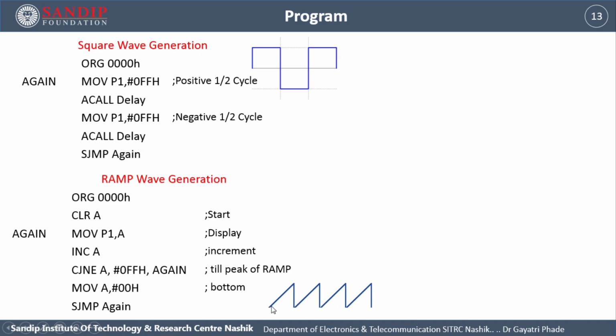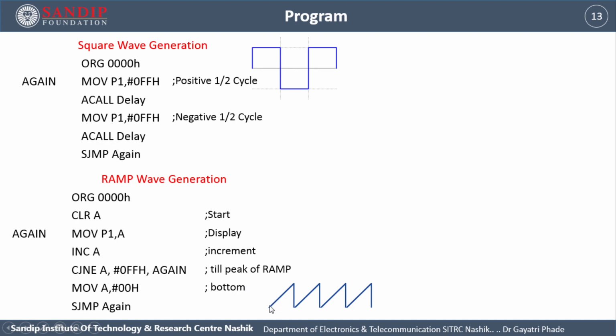We do this until it goes to the peak, that is the position FF. That's why we have written the instruction CJNE A, #0FF, meaning the accumulator goes on incrementing and is compared with FF, and if it is not FF, it again increments and sends it to the port, incrementing and sending it to the port.